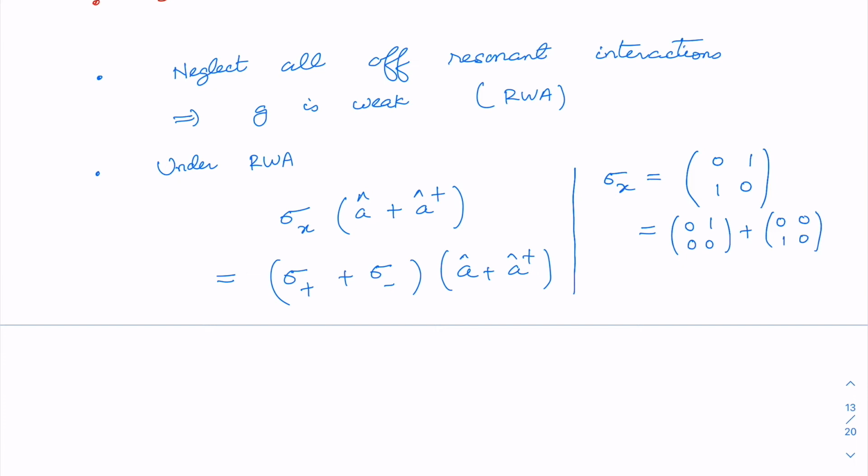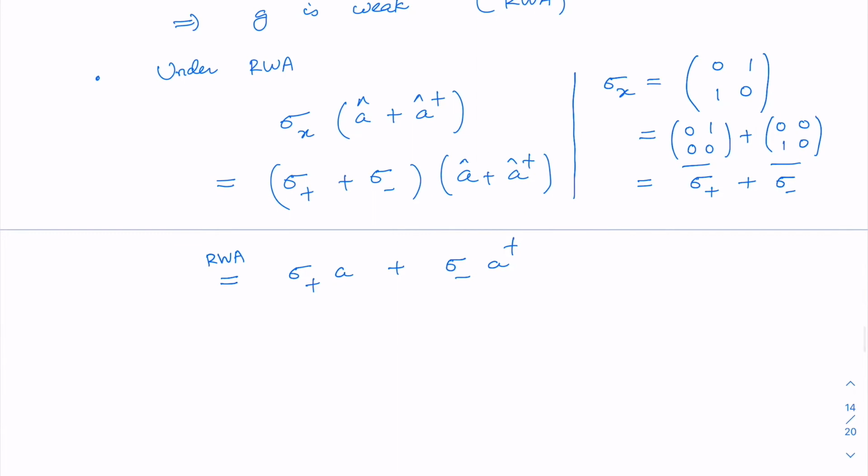Now if you recall from your earlier class, this part is nothing but the atomic raising operator sigma plus, and this one is the atomic lowering operator sigma minus. Now under RWA, if I expand this whole term I will get 4 terms, but because of RWA I can keep only 2 terms, and those would be sigma plus A and sigma minus A dagger.